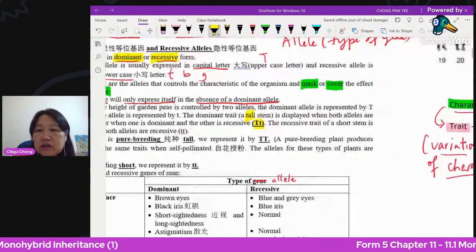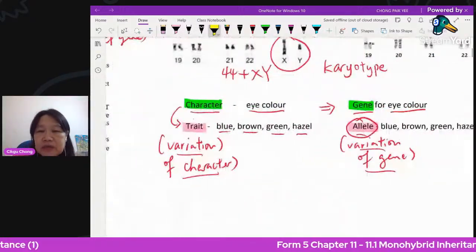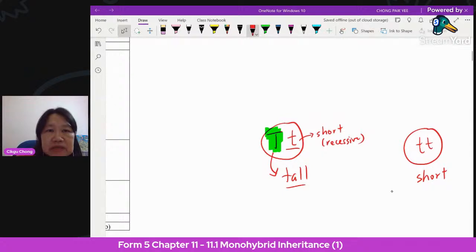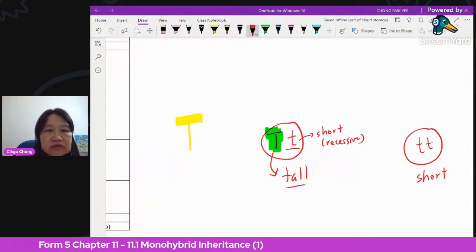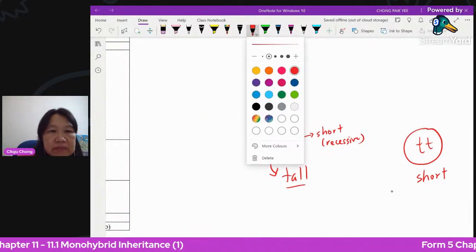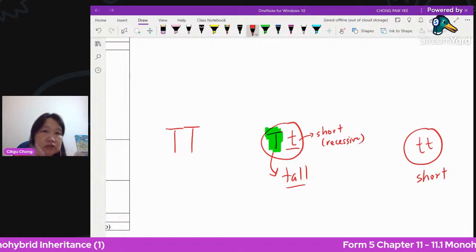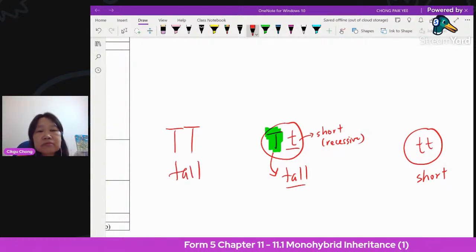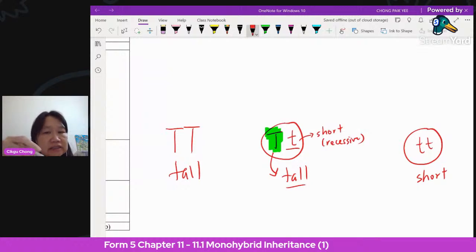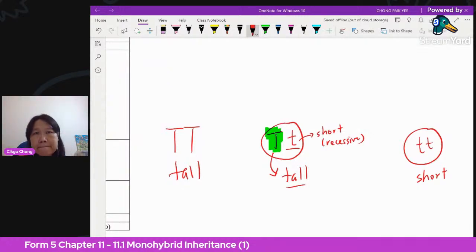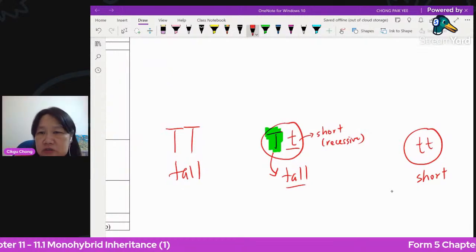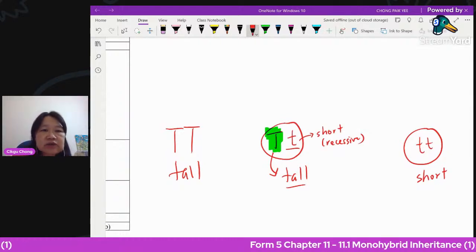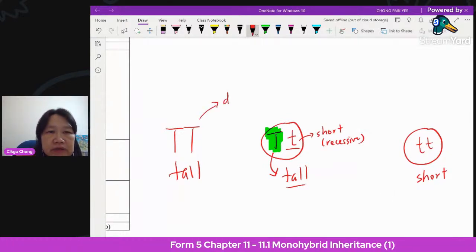So here tall has two variations. If the plant has capital T and capital T, two copies of the dominant allele, this one will definitely be tall. If you have one, it is also considered tall. But if you have two short ones, then only you can get the short. That's because tall is the dominant one.